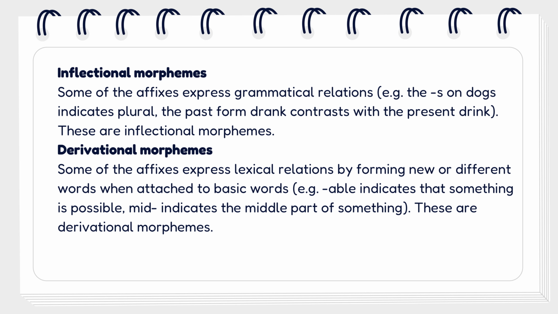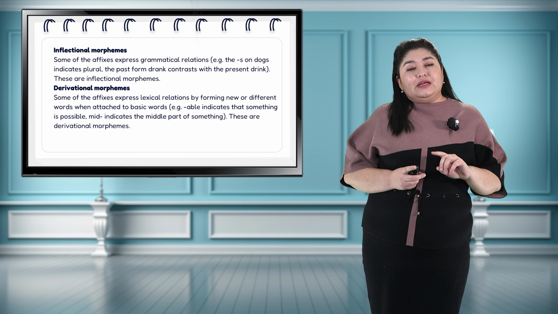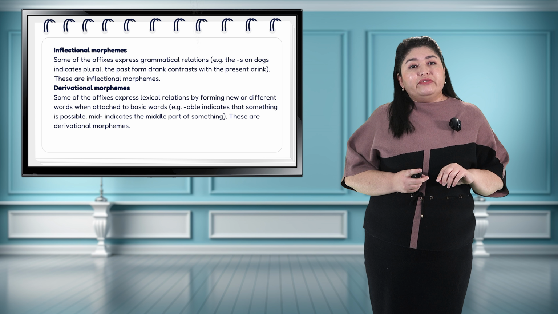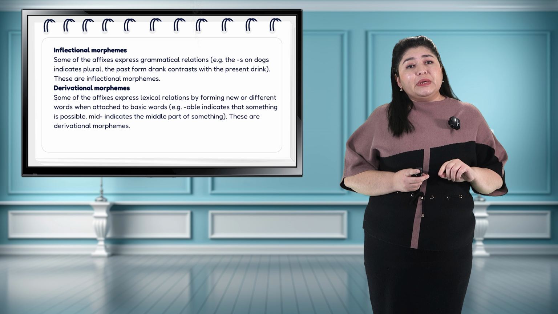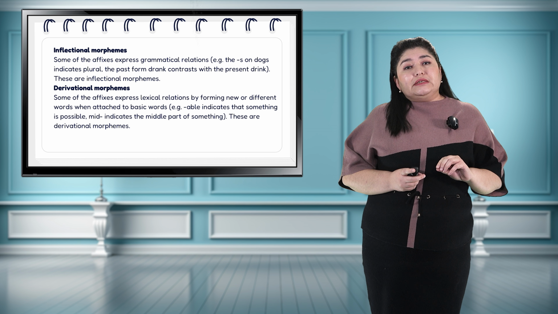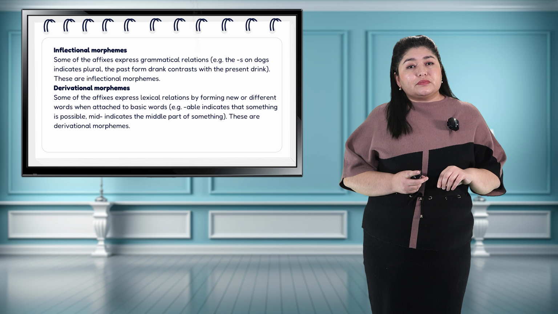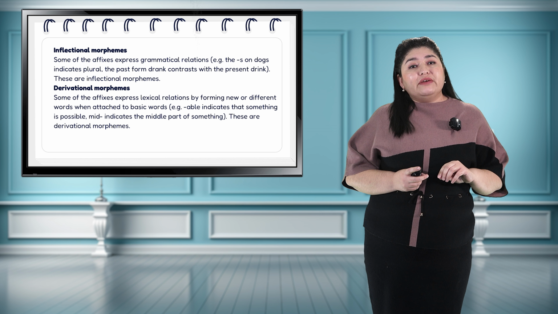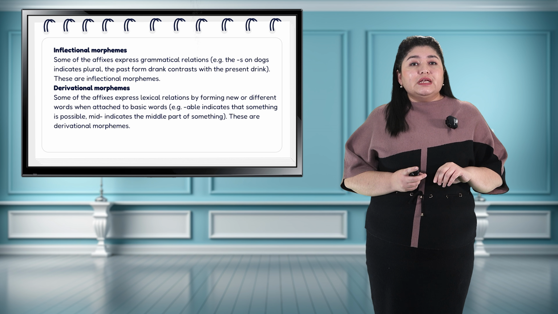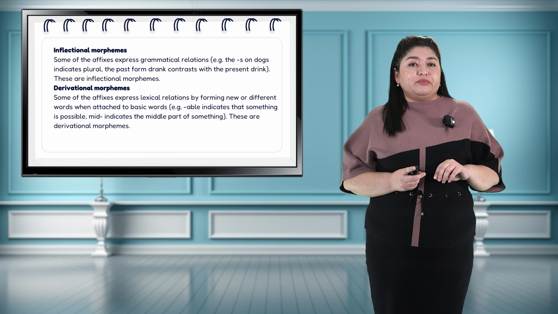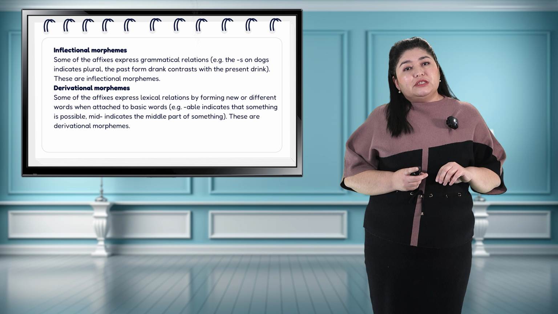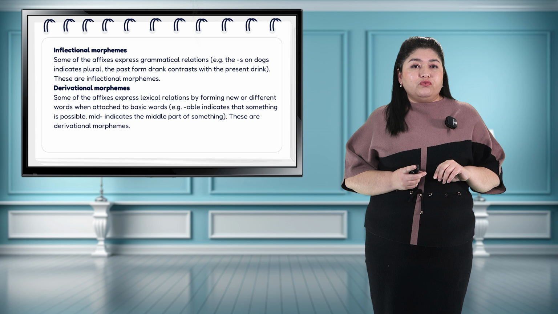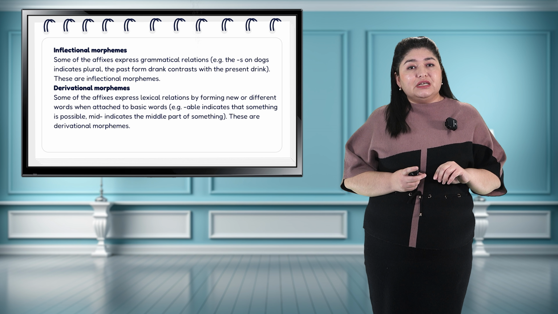For example, the s on dogs means plural and gives the word plural meaning. These are inflectional morphemes, and we also have derivational morphemes. Some of the affixes express lexical relations by forming new or different words when attached to the basic words.